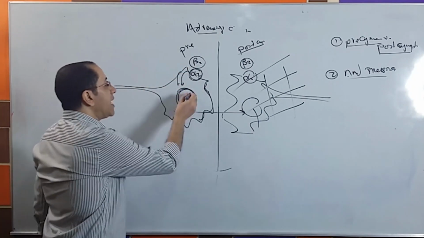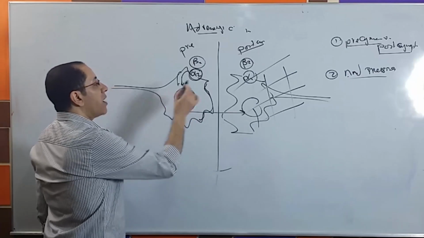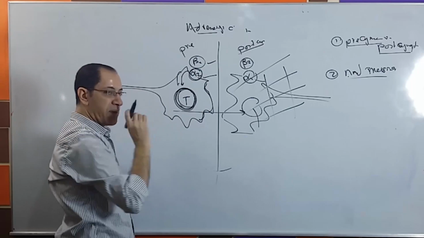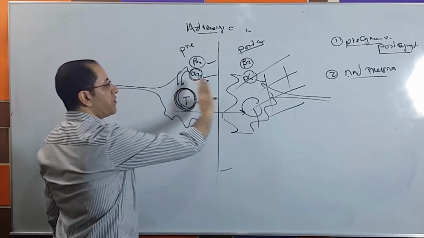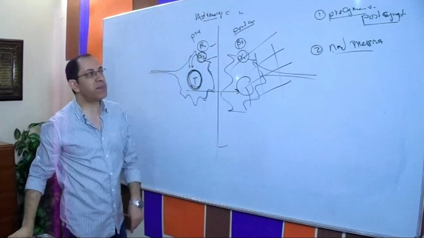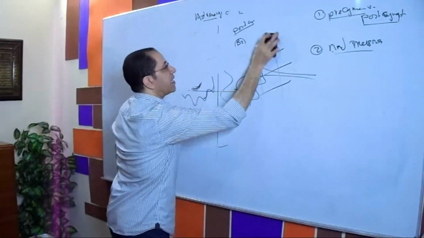Its function is to regulate transmitter release, so some of them increase, others decrease, as we will see now. For now, if you hear presynaptic, then its function is not in the tissue, but it's to regulate transmitter release. This is the first concept.